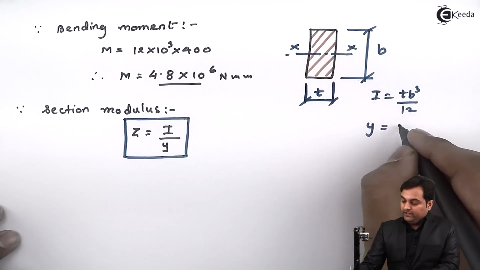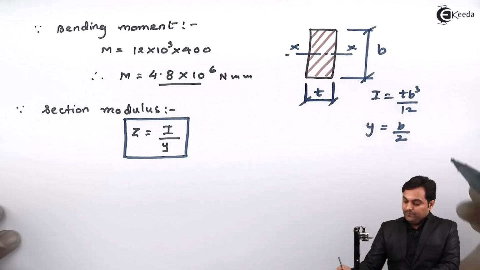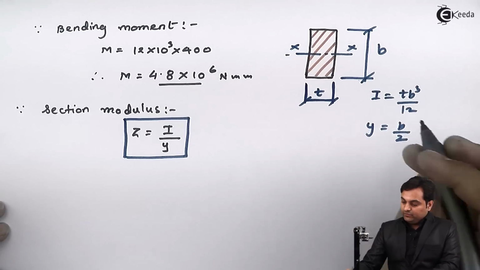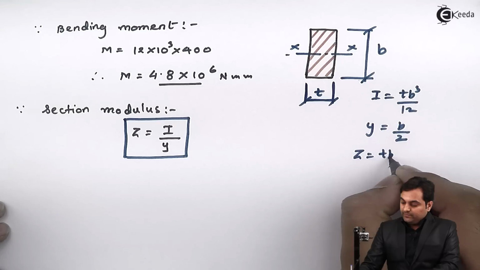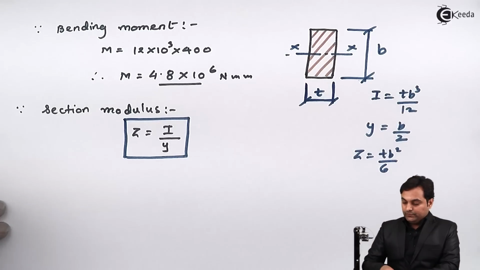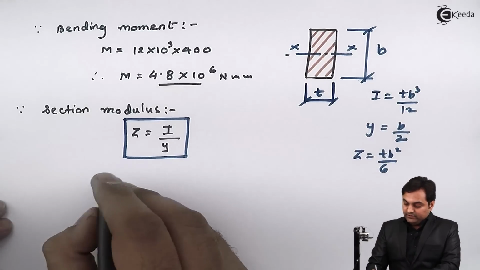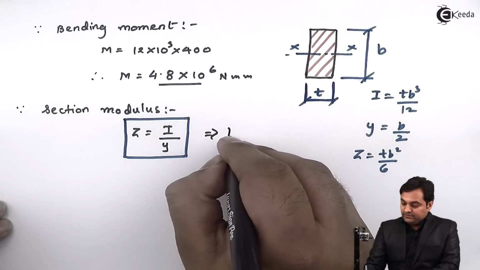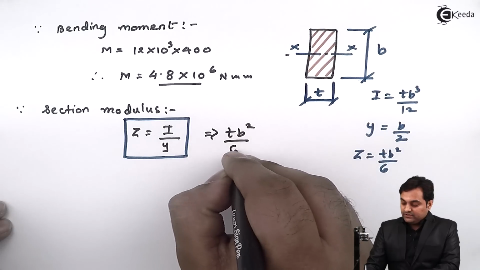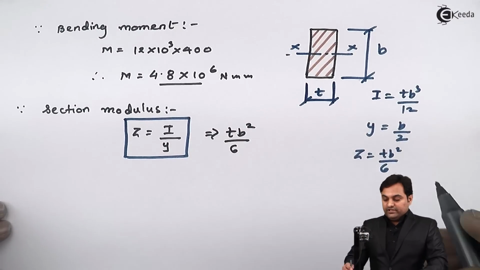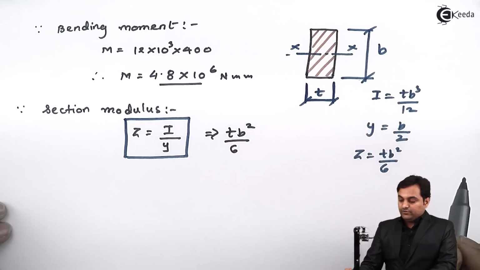Y will be equal to B by 2. So I upon Y will give me Z is equal to TB square by 6. So I'll use this value. Z I can calculate directly as TB square by 6. Now in this problem, the relation between thickness and width is not given.